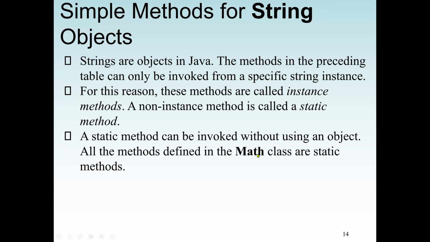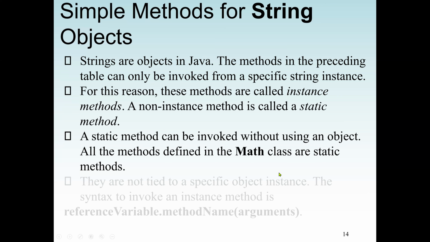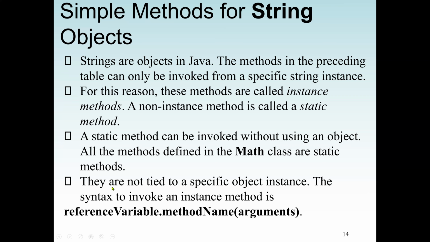All the methods defined in the Math class are static methods, because when I'm using the Math class, I will declare a variable, let's say int, primitive, and assign the value 5 to it. And I can use the square root method in the Math class to find the square root of that content. It's static, so I don't need to create an object. And here we say they are not tied to a specific object instance.